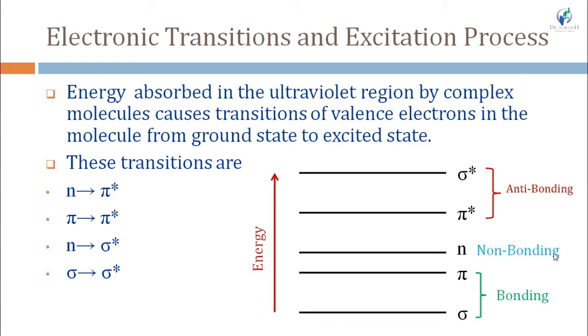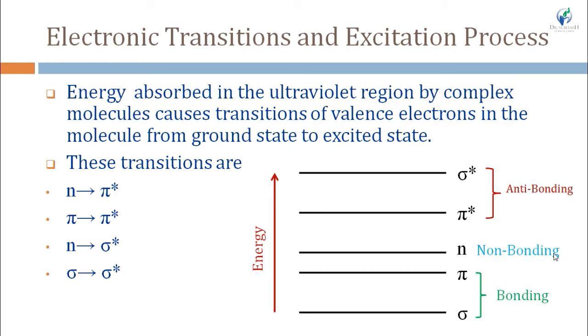Now what is bonding and anti-bonding? Bonding orbitals are the orbitals in which electrons are present when they are involved in bonds between two atoms, meaning bonding orbitals are present between the two nuclei, and anti-bonding orbitals are present outside the nuclei of the two atoms.